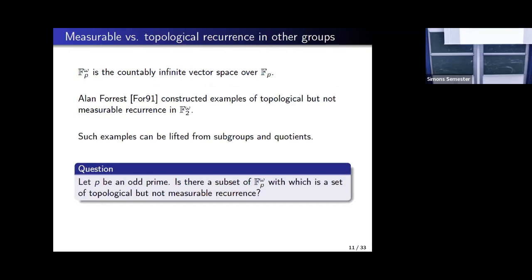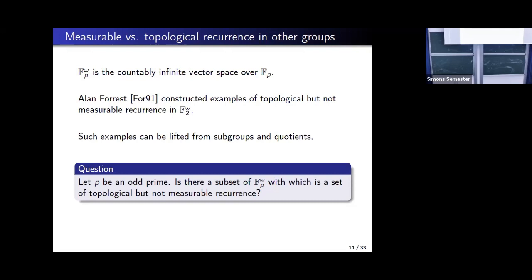Okay. Now I'm getting at the things I wanted to actually show you that I'm kind of excited about. Measurable versus topological recurrence in other groups. So I'll say F_p^ω is just the countably infinite vector space over the field with p elements. Turns out Forrest actually constructed examples of topological but not measurable recurrence in F_2^ω.